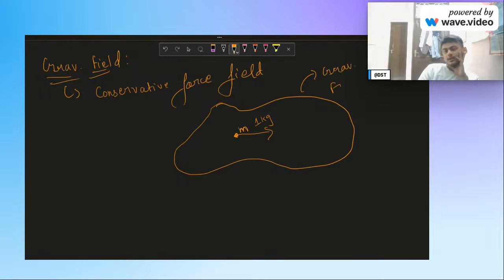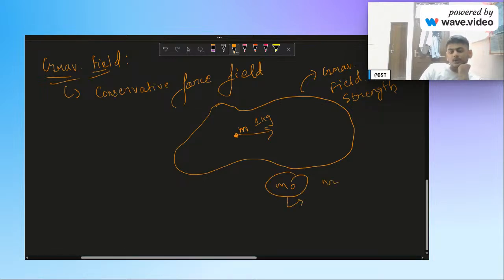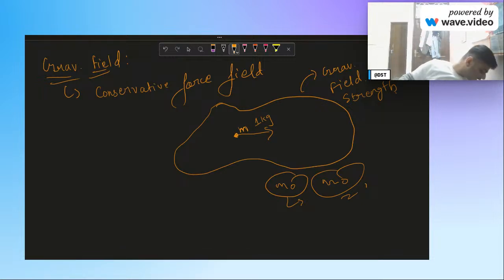Whatever force is applied on 1 kg due to that field will be its gravitational field strength. For testing the gravitational field, we put a test mass m naught and finally divide by m naught itself to get 1. So the force experienced per unit mass in a gravitational field is called gravitational field strength.